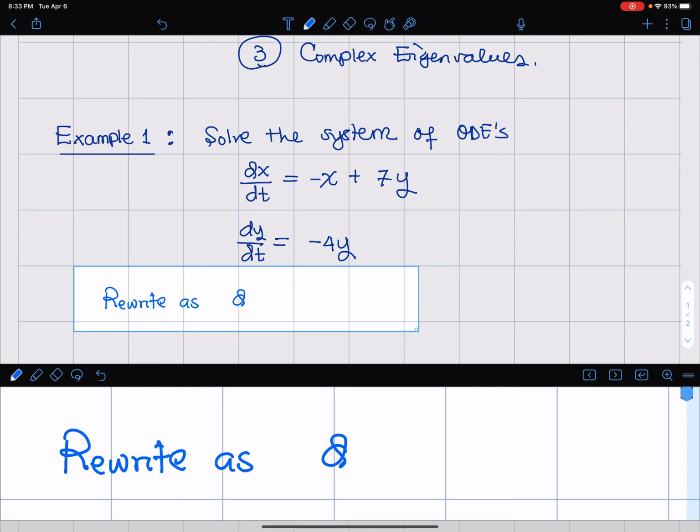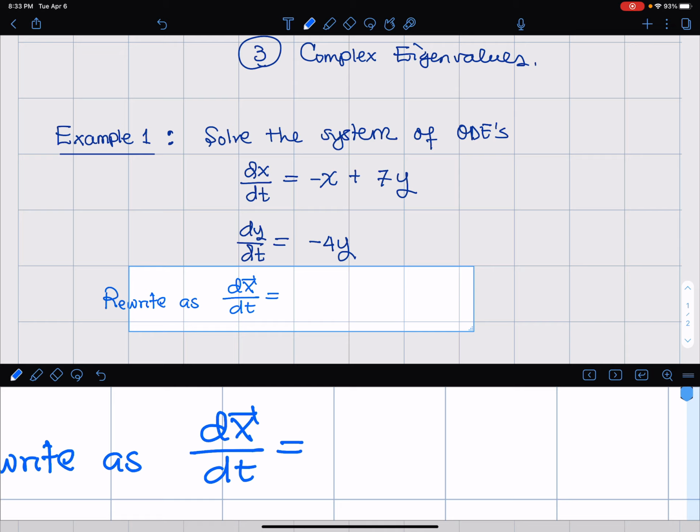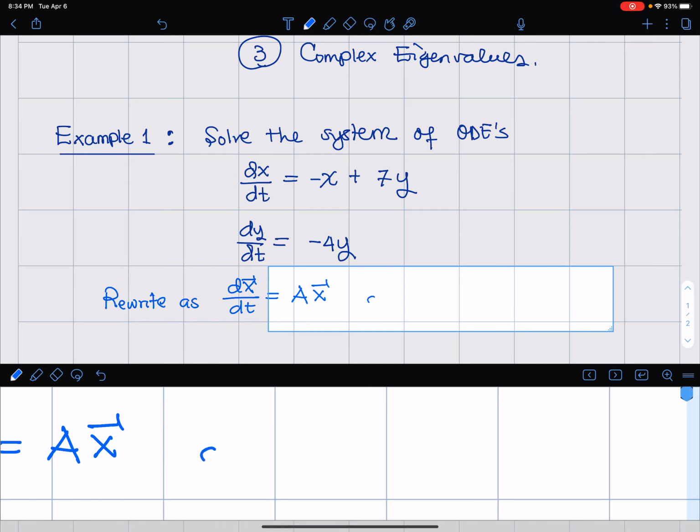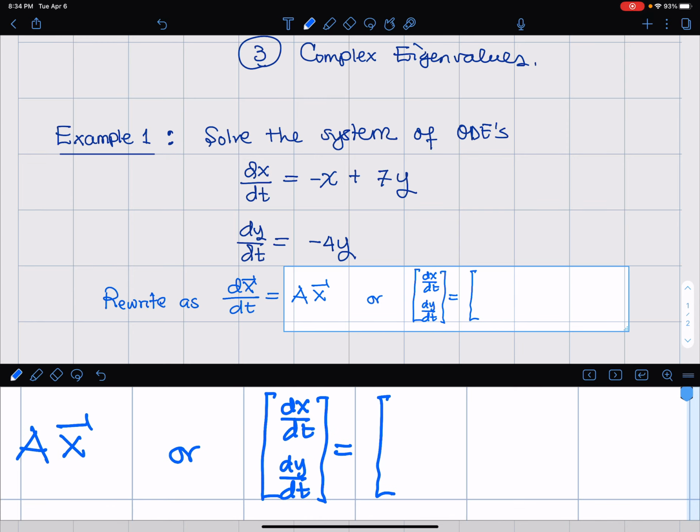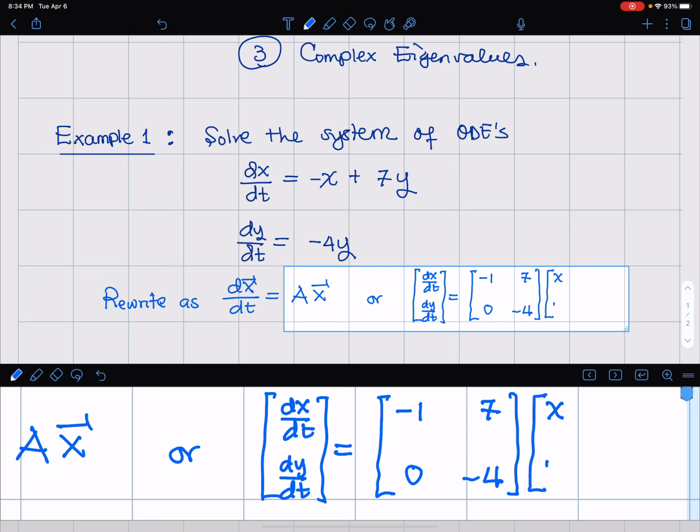We can write dx/dt, dy/dt as the vector, is equal to, our A in this case is negative 1, 7, 0, negative 4, and then we have x and then y.